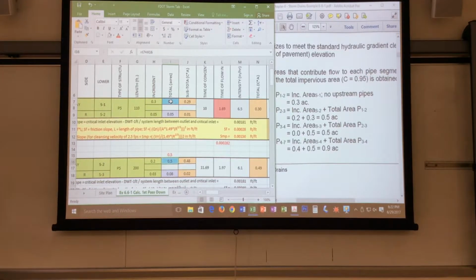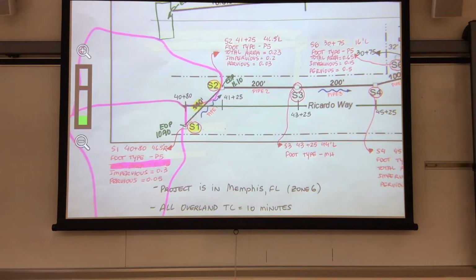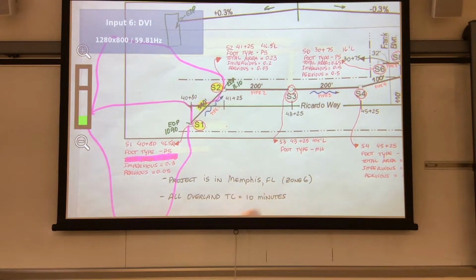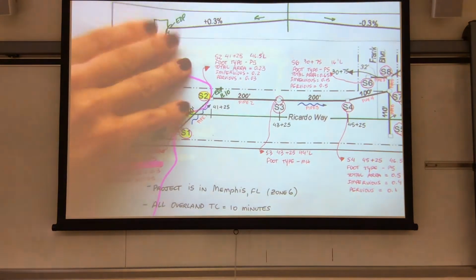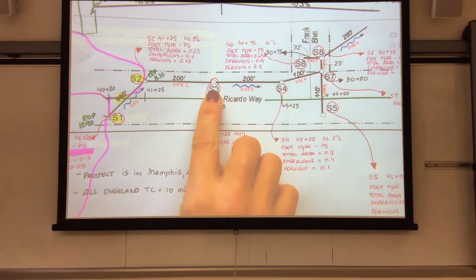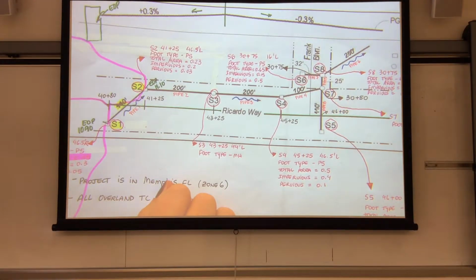Now, the reason you have to switch back and forth to the sketch is because some of these, if you look at it, don't have area draining to them. Like this one doesn't have any area draining to it, okay?